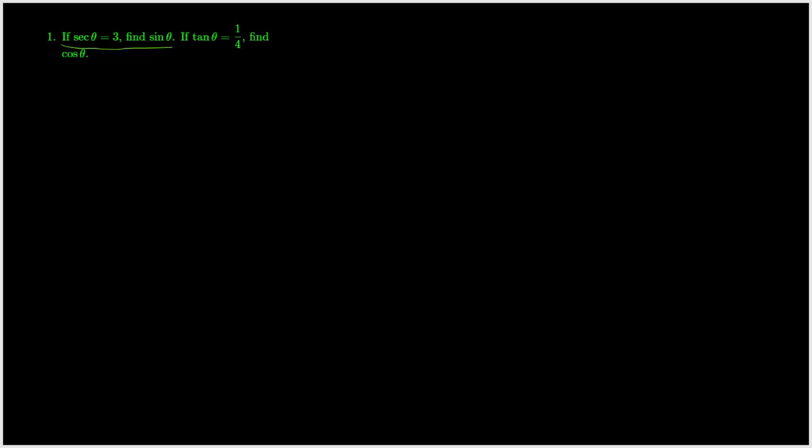We concentrate on the underlined part. All we need is to use a triangle. Secant of theta is 1 over cos. Maybe I will make it a little easier to understand.